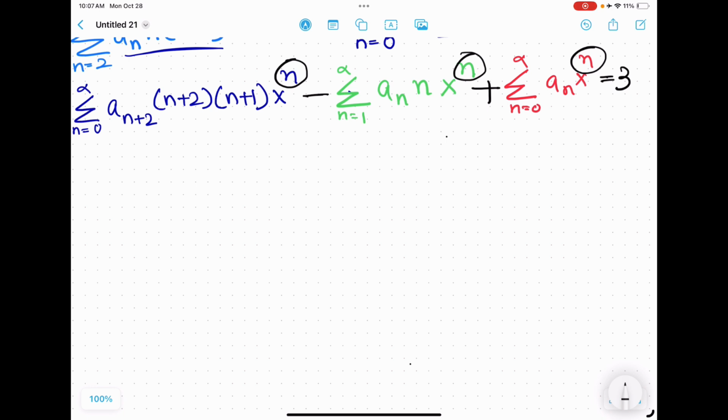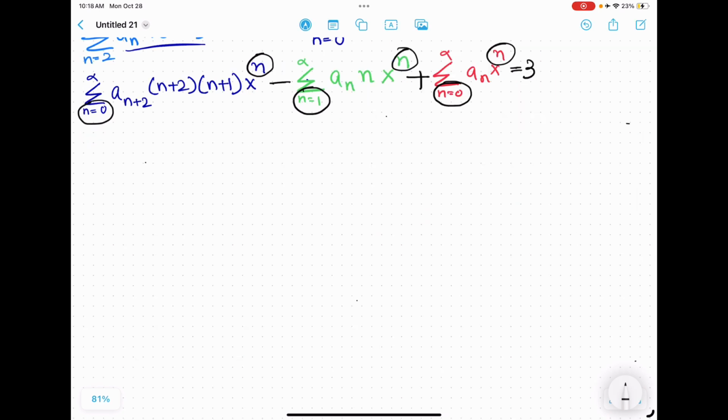Okay, so now my third step was to make sure that all of these power series start from the same number, meaning they all have the same starting index. Now, which one do I keep? Like I mentioned earlier, we always leave the series with the largest starting index.